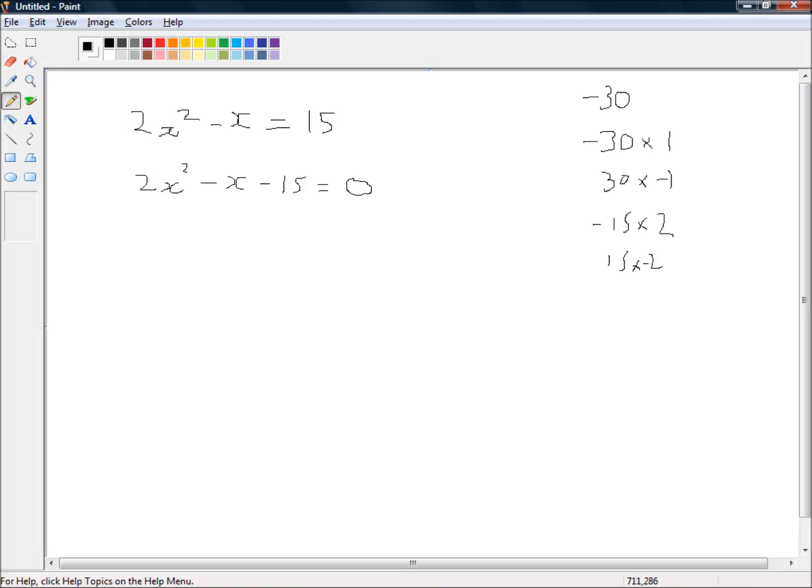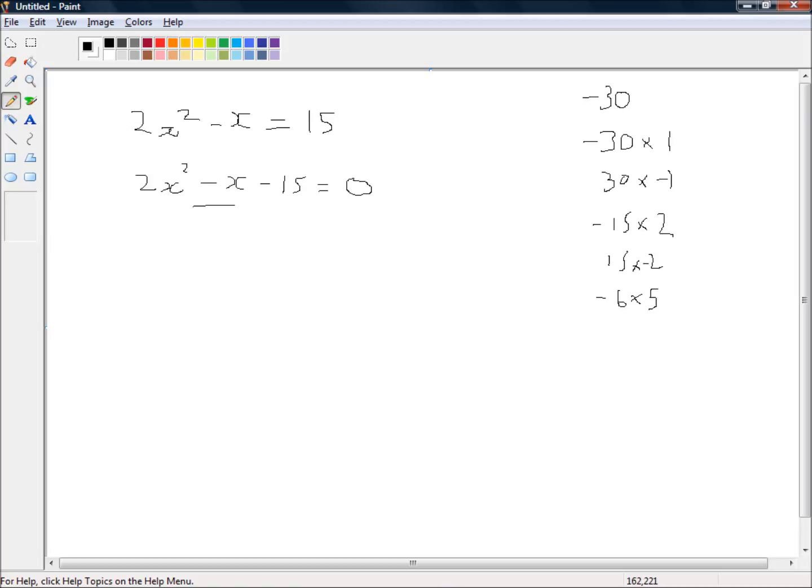Okay, so what else can we do? Well, what about 6 times 5 is 30. So we've got negative 6 times 5. That will add to negative 1, and that's what we're looking for, is negative 1.